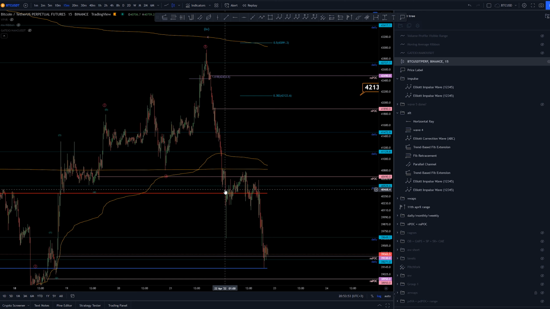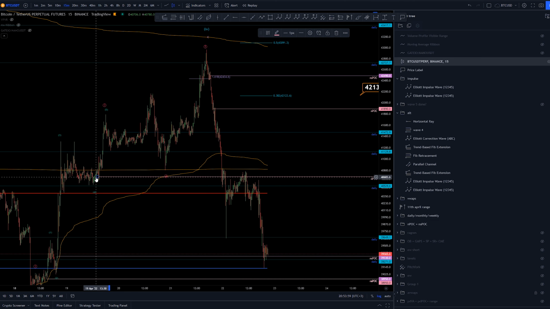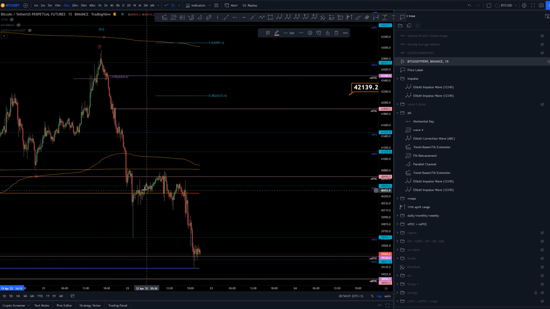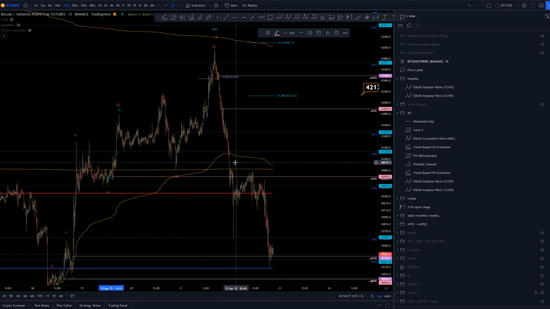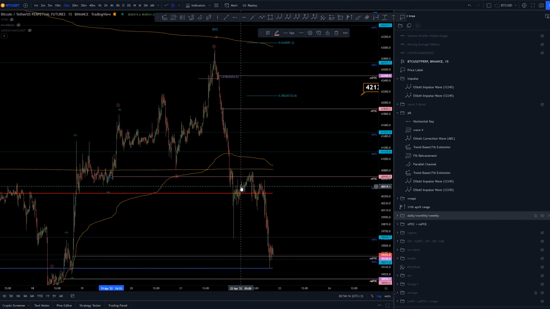As the price came down even further, we tapped this naked point of control from around the 19th of April. Again, we tapped it, got a small bounce back, but didn't get to go further up. It was just a small bounce and then started heading down again.